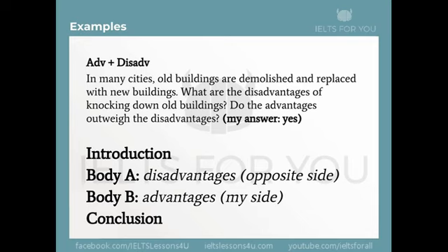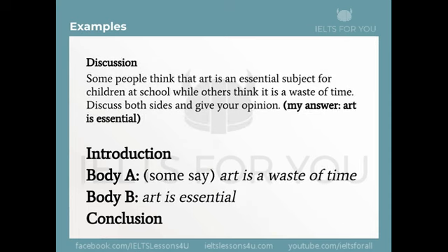Then in body B, nice and strongly explain the advantages. So start the paragraph with something like, however, I believe the advantages outweigh the disadvantages, and then explain why. That way you have discussion because you're talking about both sides of the issue, but your stance, your opinion, is clear throughout the essay.